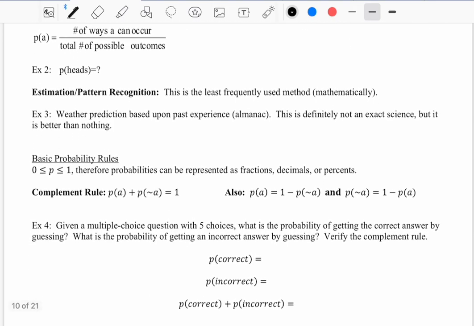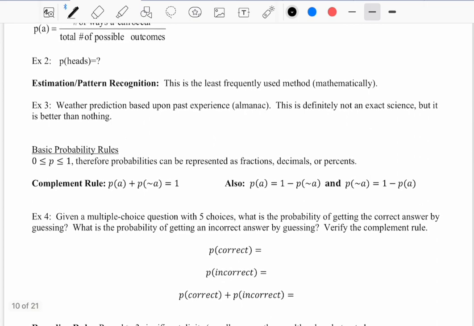Estimation, pattern recognition, I made a little note here that that's the least frequently used one mathematically, in terms of finding raw probabilities. And when I say mathematically, to be fair, I mean in math class. In the real world, estimation, pattern recognition and simulation, experimentation, those are the more frequently used probability methods.